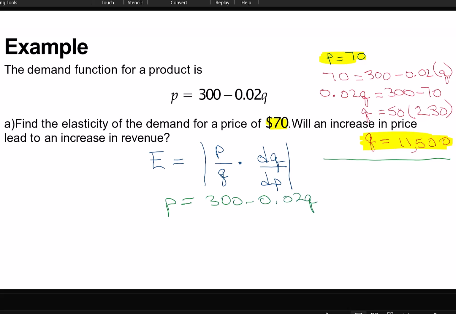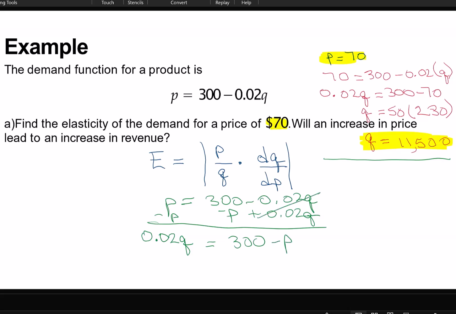I want to solve for Q. I'm going to add 0.02Q to both sides, which gives me 0.02Q, and subtract P from both sides, which equals 300 minus P. And then I'm going to divide both sides by 0.02, which is the same as multiplying both sides by 50.